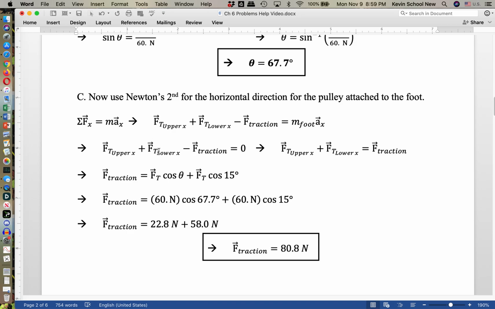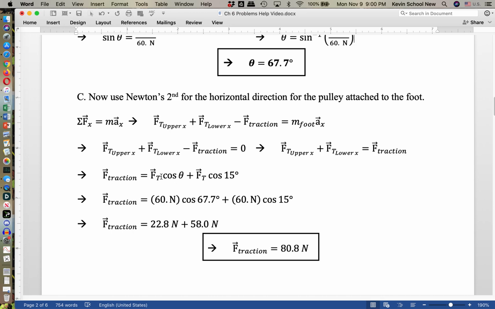So then I get this next equation, which just has the foot upper x and the foot lower x minus foot traction equals 0. If I get the foot traction by itself, then I get the foot upper x and the foot lower x together. That would be a cosine term since it's the x component of those forces.